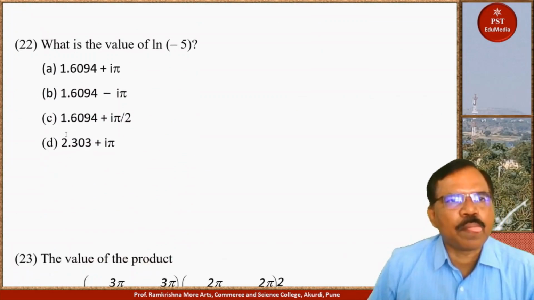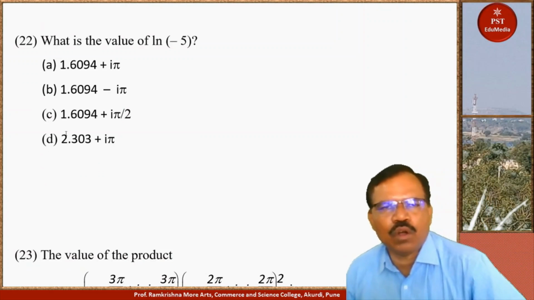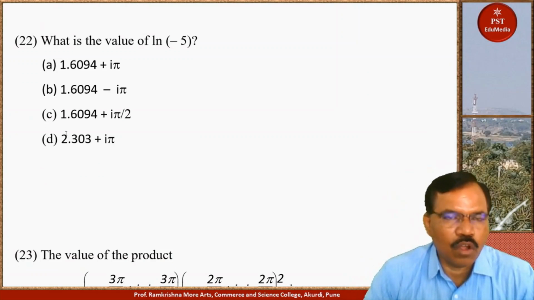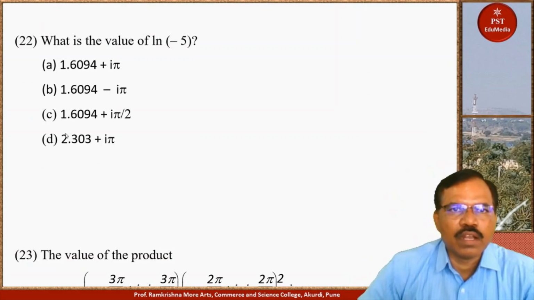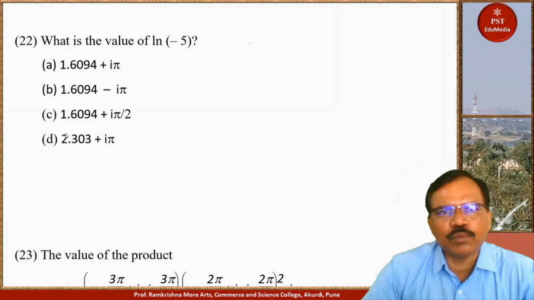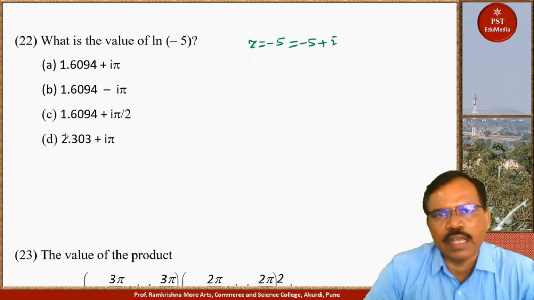Now next one. What is the value of log of minus 5? Suppose we take z is equal to minus 5. We can write this as minus 5 plus i0. So x is equal to minus 5, y is equal to 0.